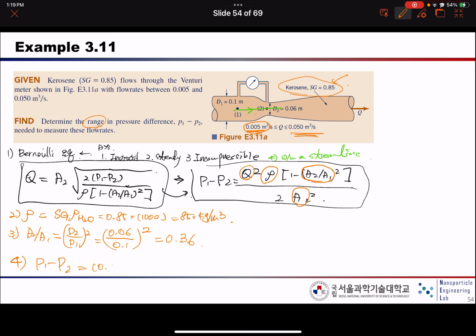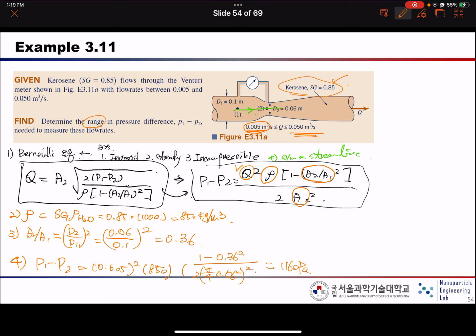So 0.005 cubic meters per second, putting all the values into this equation: 850, 1 minus 0.36 squared, and 0.06 squared, and this one should be squared, right? Okay, if you calculate this, the result will be 1160 Pascal.